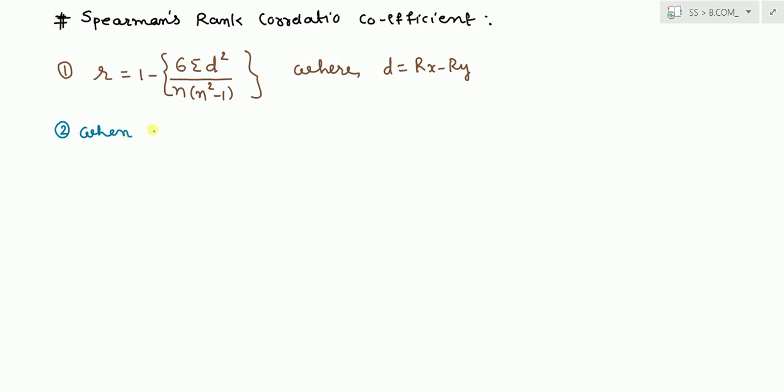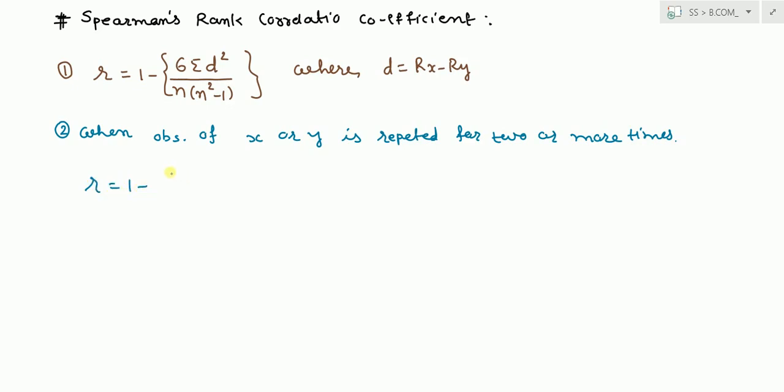When observation of X or Y is repeated for 2 or more times, okay, then r is equals to 1 minus 6 into bracket sigma d square plus Cf upon n of n square minus 1, where Cf is called correction factor.